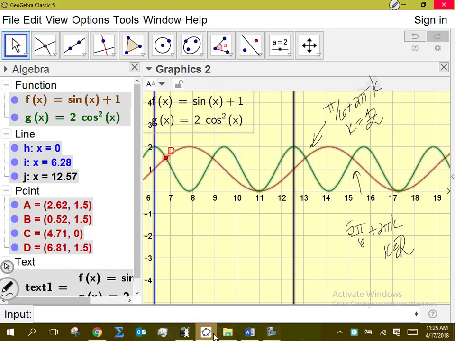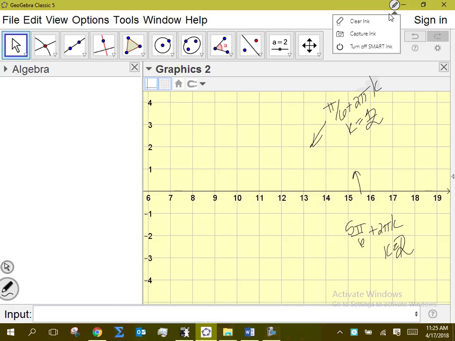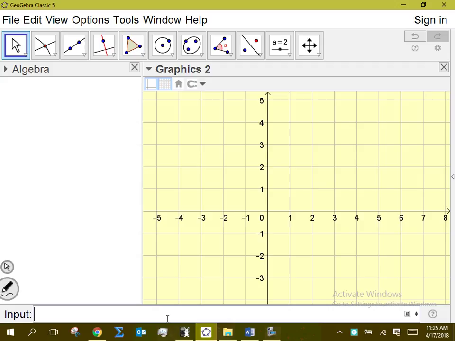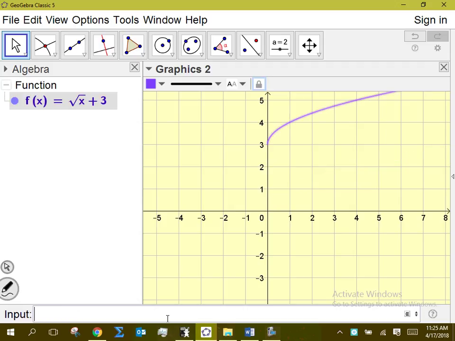You guys remember doing something like, let's just start with the square root of x plus 3 and see if that ever intersects, let's say, I might have to adjust that a little bit. Let's go just the square root of x plus 1.